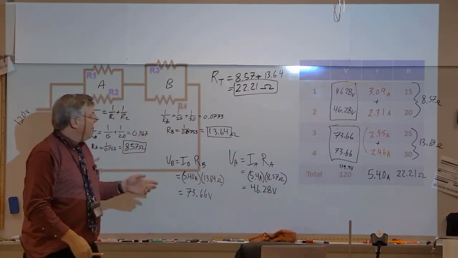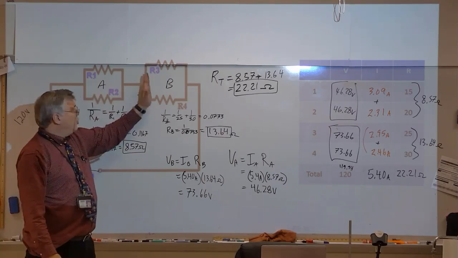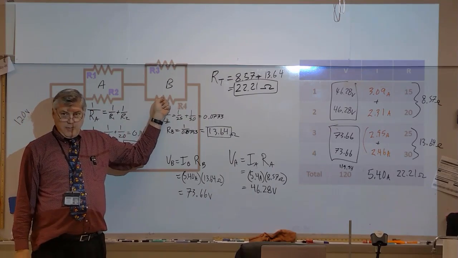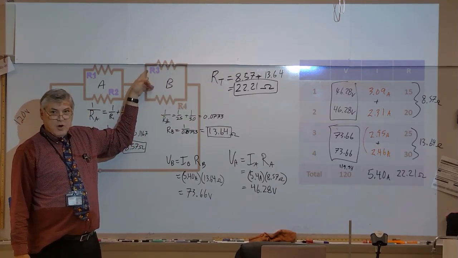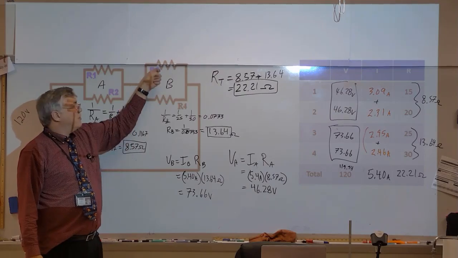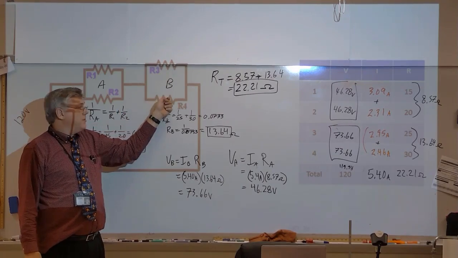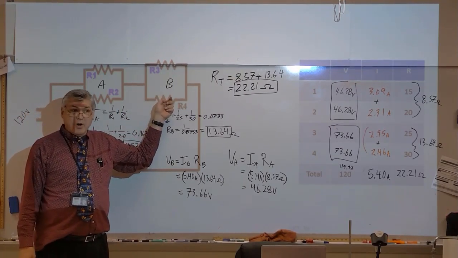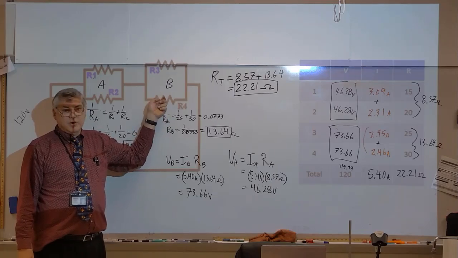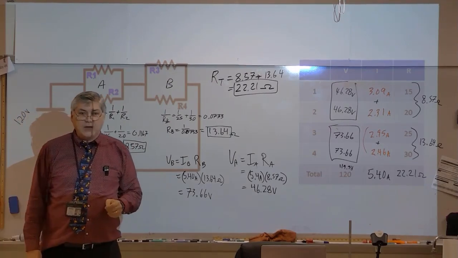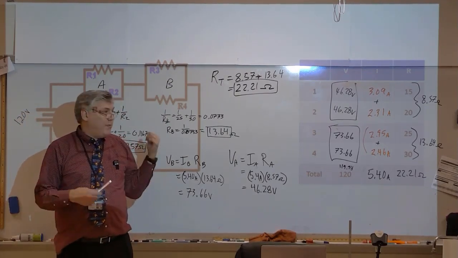For instance, if I know the total current flowing through this circuit, and I don't know resistor 4, but I know the voltage across B, then I can solve for the current flowing through 3, and whatever is left must be flowing through 4. So then I know the current, I know the voltage, and I can calculate the resistance. Okay, so solve for the things you can solve for first, and then back out the others.